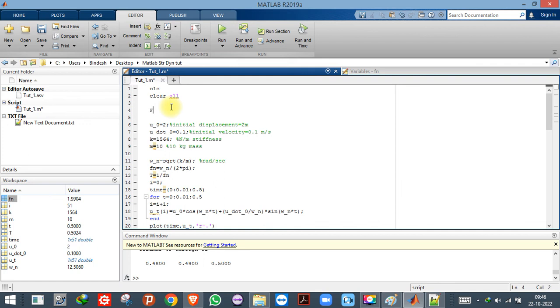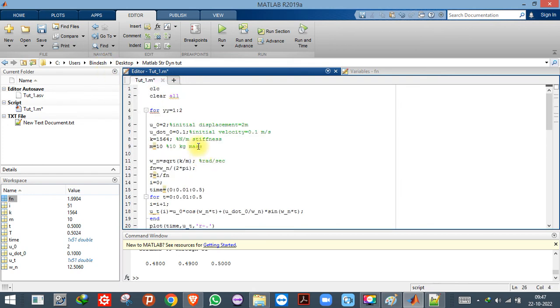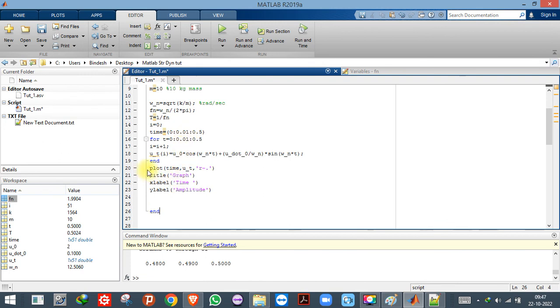I'll again add a for loop, just giving a random value 1 to 2. I want to compare two different values, so I'll give a plot.